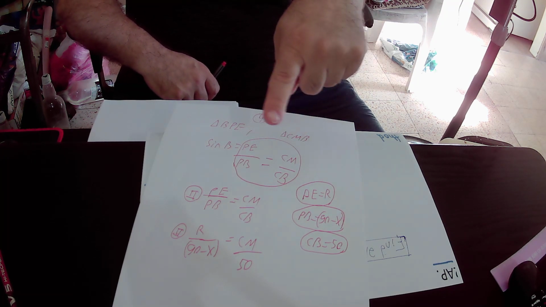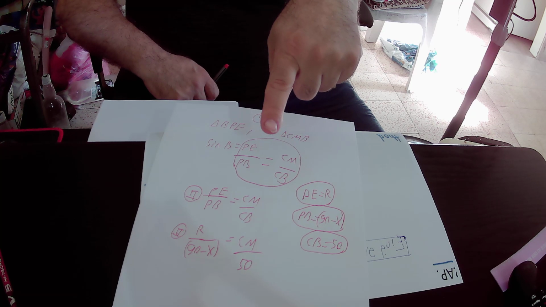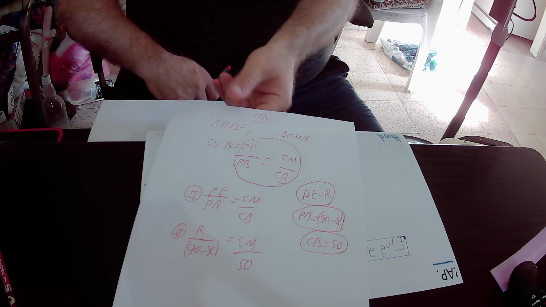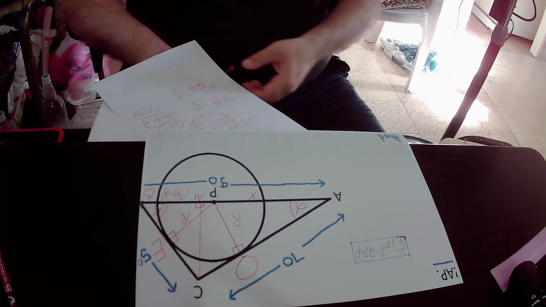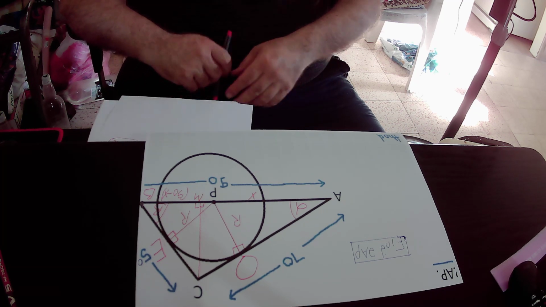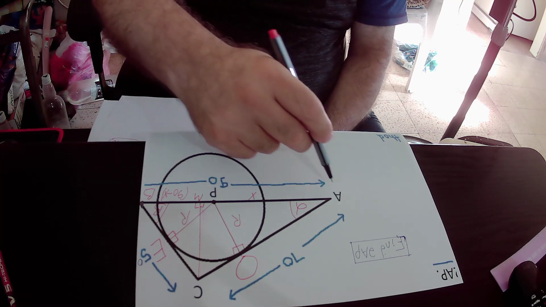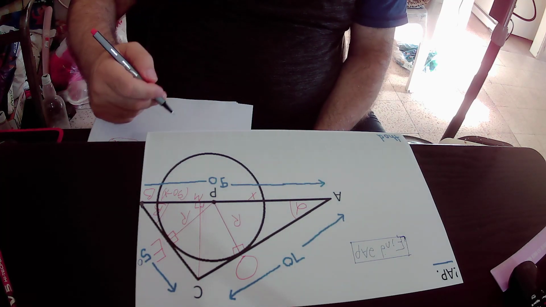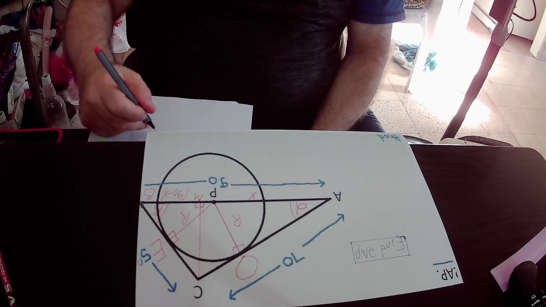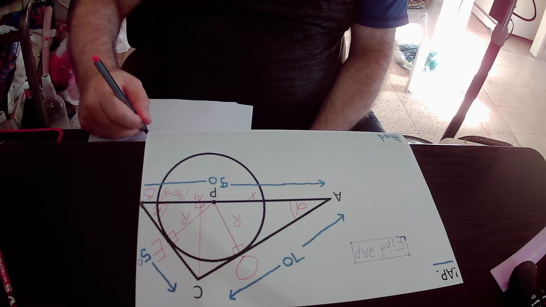Here we will divide both sides of the equation by CM. As I've already told you, it is allowable to divide the equation by CM because CM is perpendicular to AB, so it must be positive, it can never be 0.